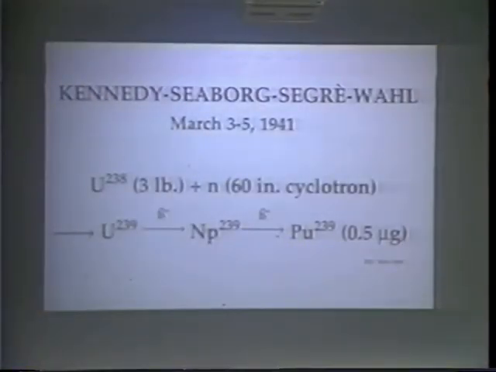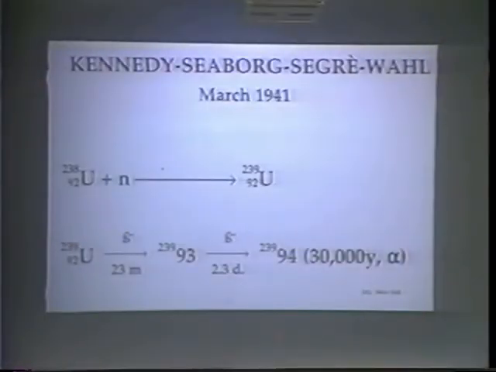Then we went on, joined by Emilio Segre, and bombarded a lot of uranium for a long time and produced a detectable amount of the daughter, plutonium-239, half a microgram. And we could deduce from the intensity of its radioactivity and the intensity of the radioactivity of its parent, its half-life as 30,000 years.